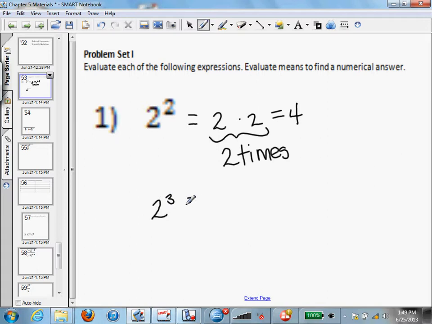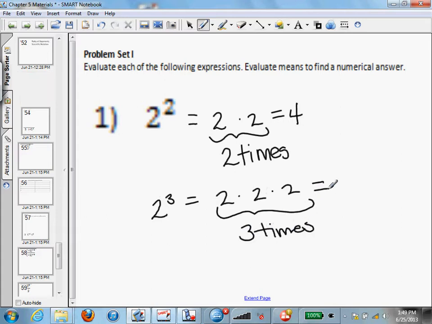Just like 2 to the third would be multiplying 2 by itself 3 times. So we would say 2 times 2 is 4, times 2 is 8. Now keep in mind that would not be 6 because that would be 2 times 3. We want 2 multiplied by itself 3 times, giving us 8.